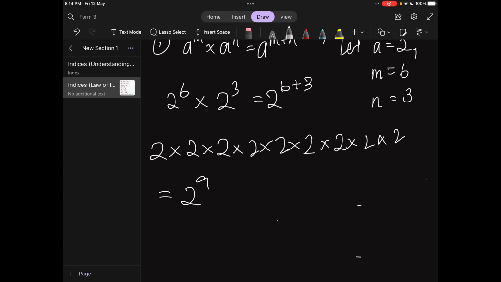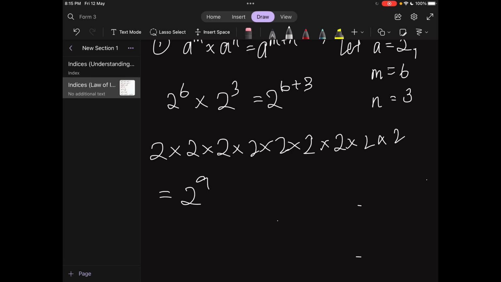If you imagine it, it's quite simple actually. 6 is the number of times a number is being multiplied by itself. So when you multiply two numbers with the same base, you are essentially adding the number of times the first number is multiplied and the number of times the second number is multiplied. In the first number we have 2 multiplied 6 times.